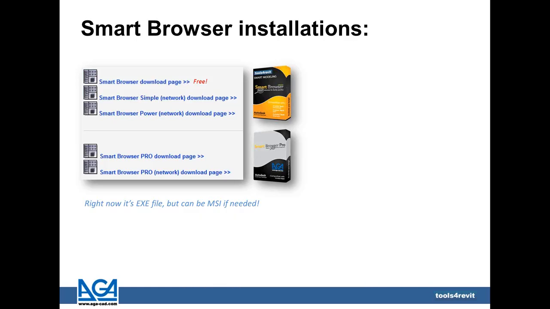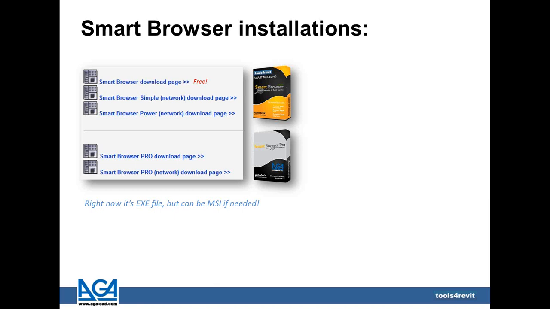If we talk about the installations, for all the browsers we have 5 types of installations. One is Smart Browser Free, which is free of charge and is a standalone license. Like I said before, it's a very good solution for private users and small companies, and it's really free of charge.